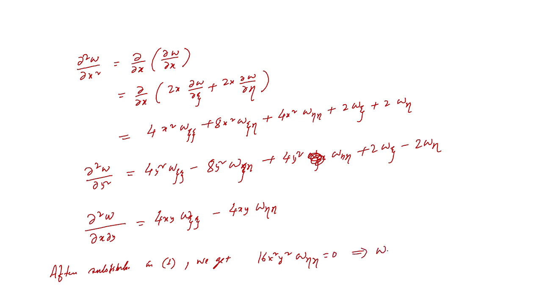That means we get ω_ξη = 0. So this is the canonical form. The canonical form is ω_ξη = 0.